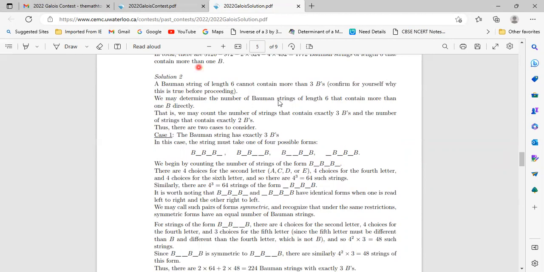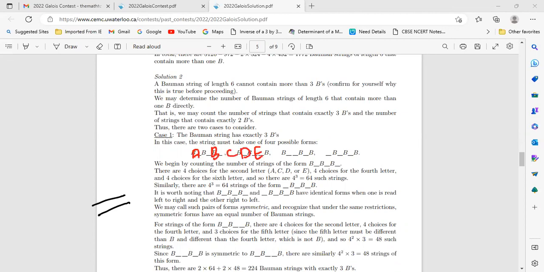I'll show you the image. Okay, in the solution, in the very first statement, they're saying that a string of length 6 cannot contain more than 3 Bs. For example, if you have more than 3 Bs, we do have only 5 choices, right?